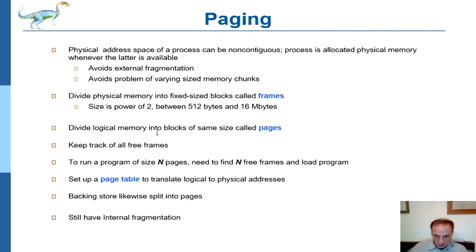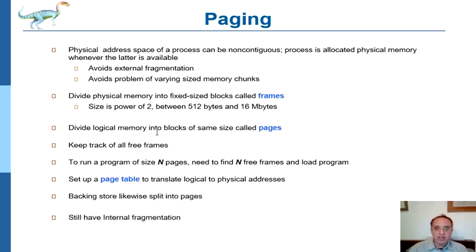Now, the operating system is going to have to keep track of all free frames, which means frames in the memory that are unallocated. To run a program of size n pages, you need to find n free frames. In other words, it's n pages in logical memory. That's how big it is. So we need n frames in the physical memory, and then we need to load it into those n frames.